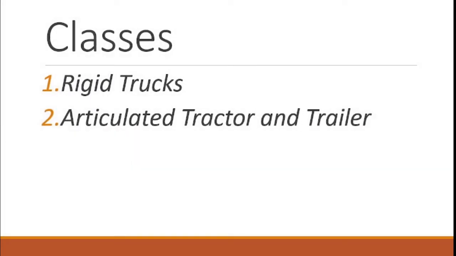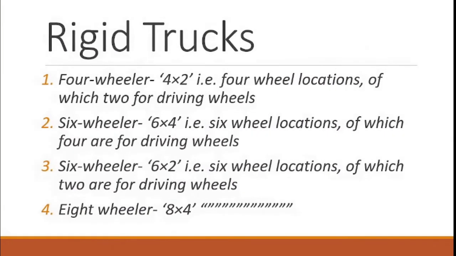So we have two classes of lorries. We have rigid trucks, and you can have an articulated tractor and trailer. Rigid trucks can be 4-wheelers. 4x2 means you have 4 wheel locations, and 2 of these wheel locations are for driving wheels, or for giving power.